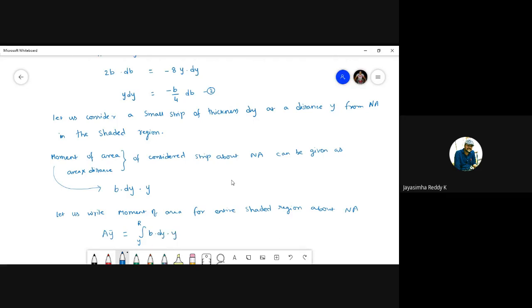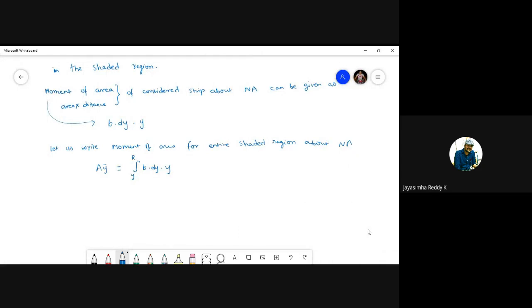All of you listen carefully. We have got a circle like this. Okay. In this circle, we have considered this as the shaded region. And in this shaded region, I have just considered a small strip like this, a small strip of dy thickness. So I have written moment of area for this small strip. The small strip moment of area is b into dy, and it is standing at a distance of y from the neutral axis.